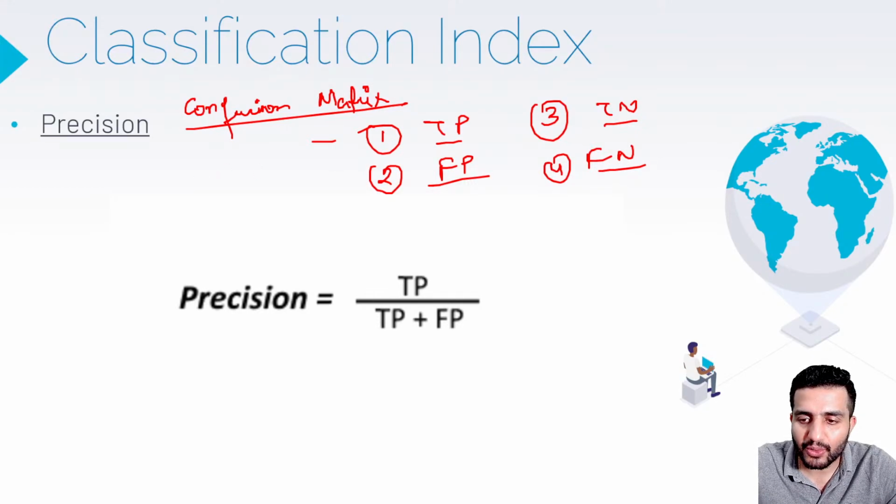Now, from the calculation standpoint, there are 3 to 4 metrics which we calculate on top of this confusion matrix. Okay. First is precision.